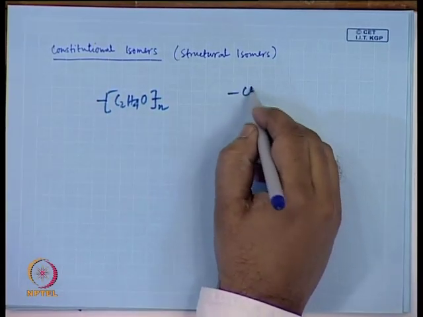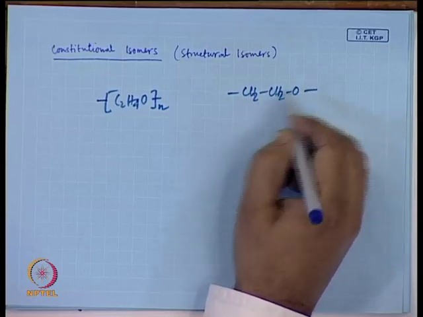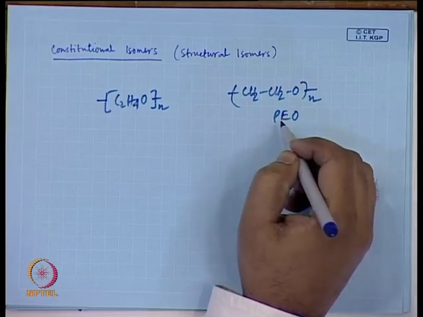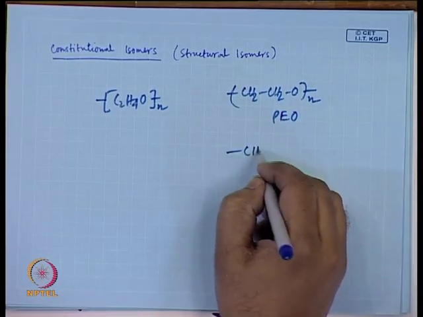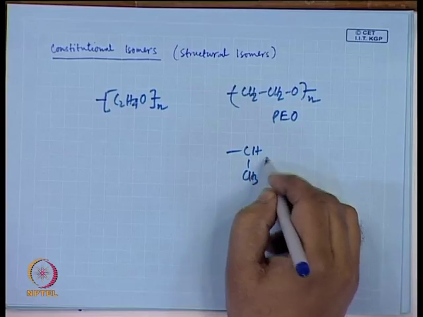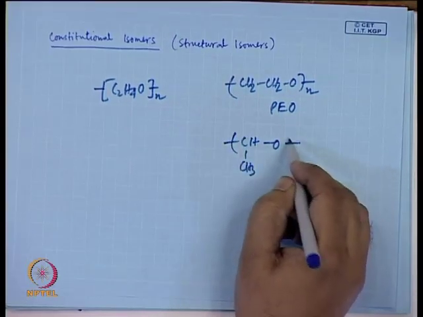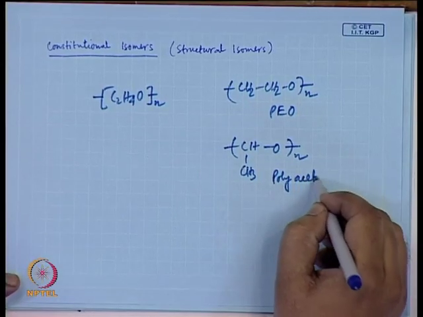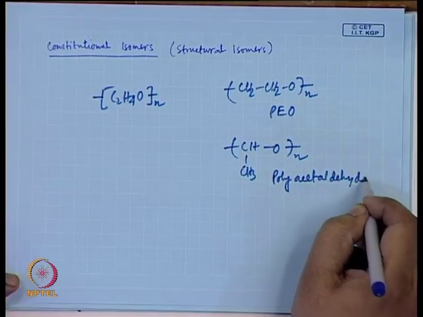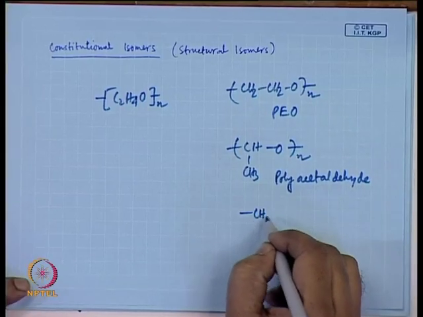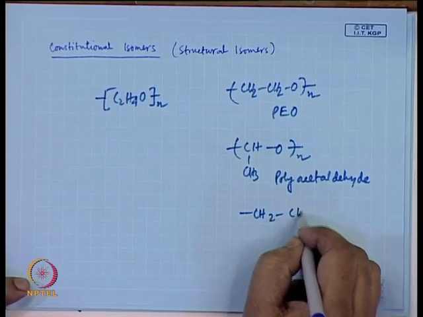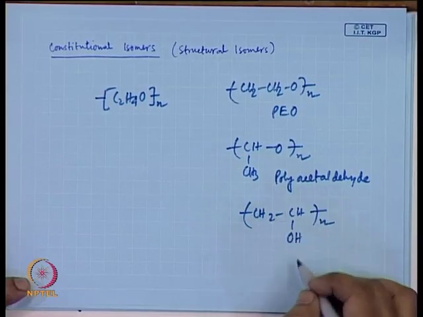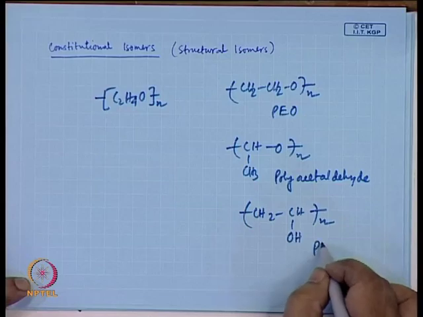We can write something like this, which is PEO, polyethylene oxide, or we can think of a polymer like this, which is polyacetaldehyde. Or we can also think of something like this, which is polyvinyl alcohol. All three we have written have the same molecular formula.